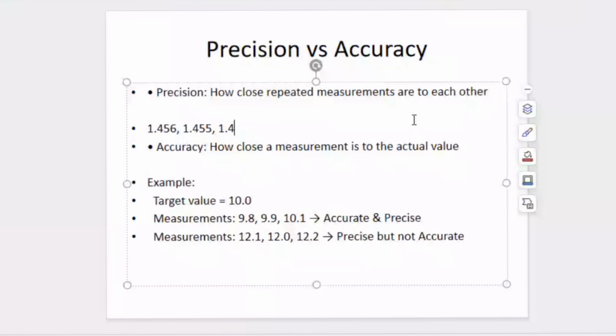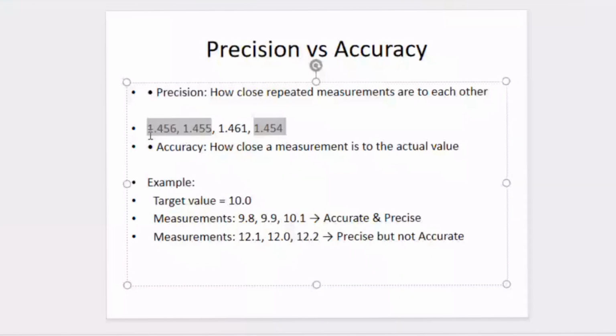We have 1.4454. So with this, the first two and this last one are precise numbers because they are close to each other.